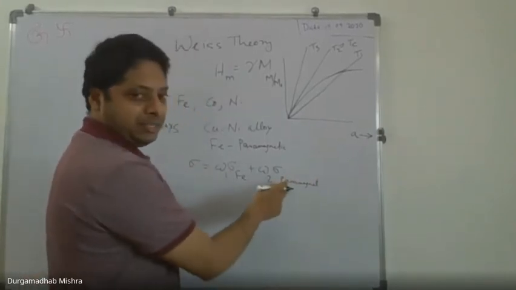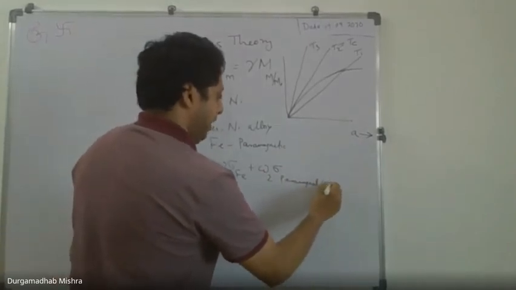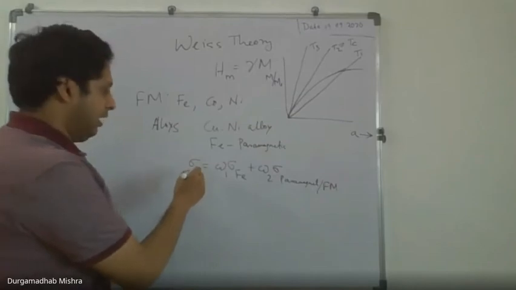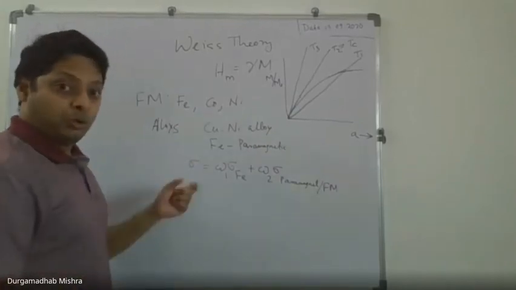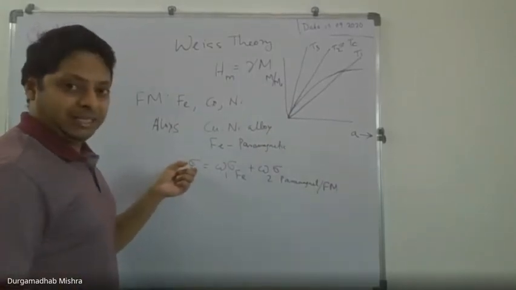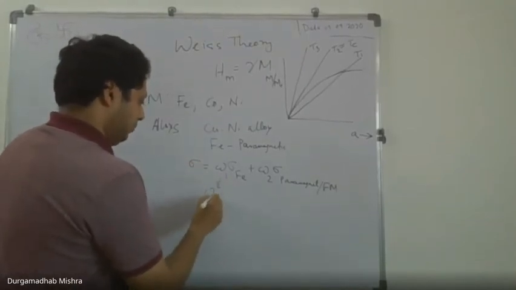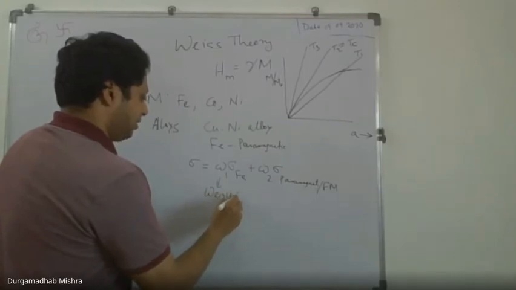It could be a paramagnet, it could also be a ferromagnet, that doesn't matter. If you take an alloy and you want to know the specific magnetization, W1 is the weight fraction of component A.